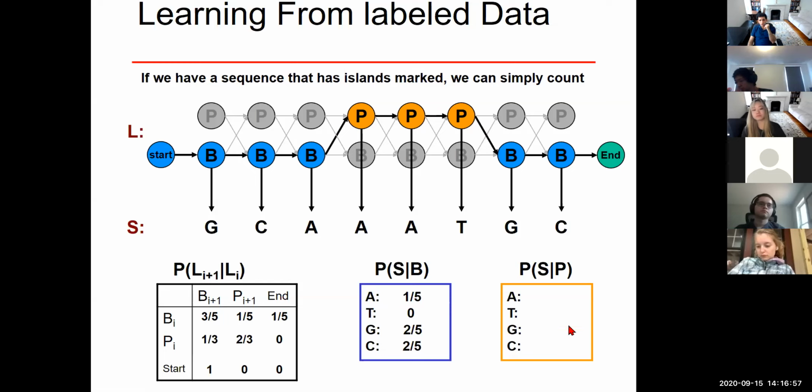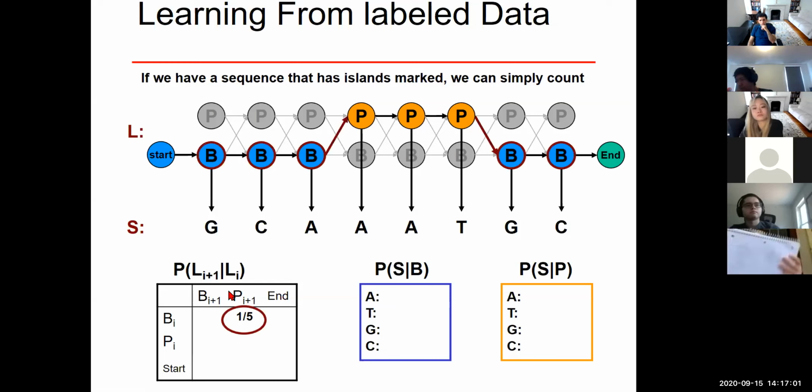This is awesome. So now let's look at the transition probabilities. We can now ask, what is my transition probability between background and promoter? I mean background 1, 2, 3, 4, 5 times, and a transition to promoter 1 out of the 5 times. So that's 1 out of 5. What is my transition probability between promoter and promoter?